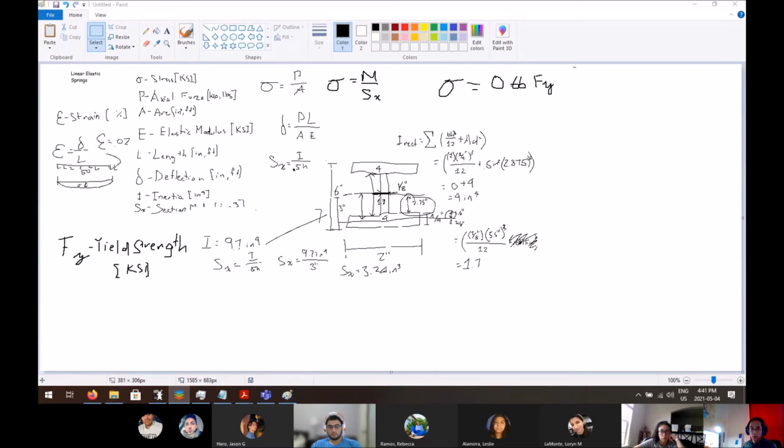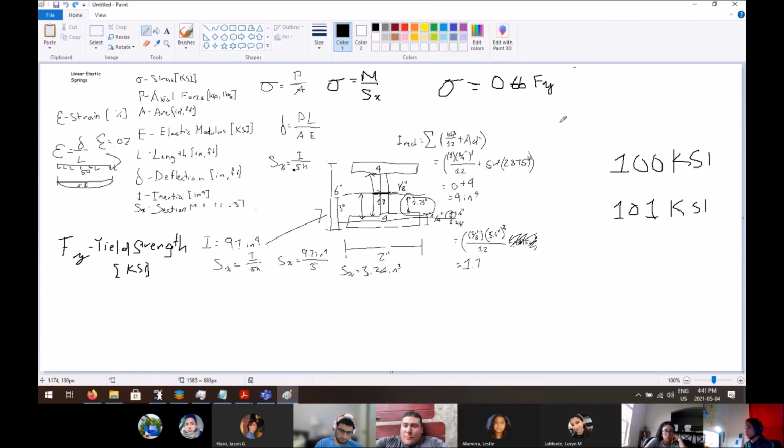Let's move on. I think I have one more thing. This is directly from class, but it drives home these concepts. You have a steel beam of length 30 feet.